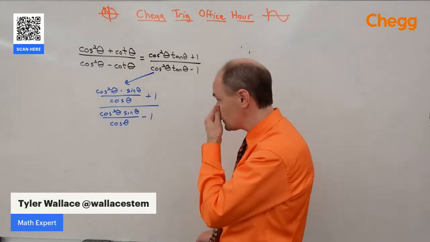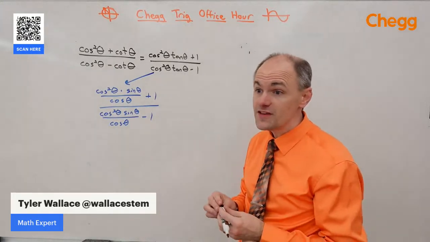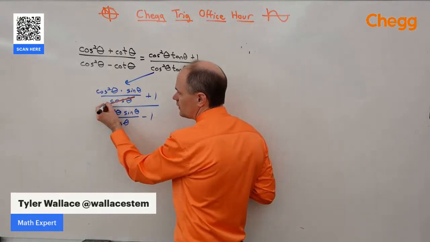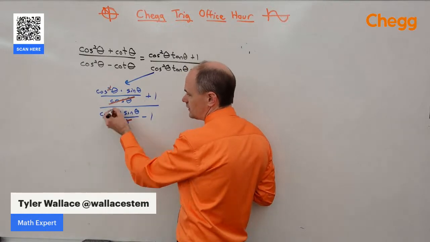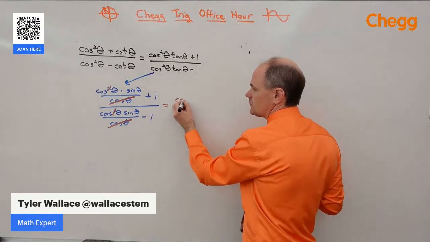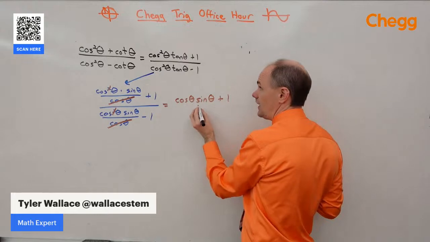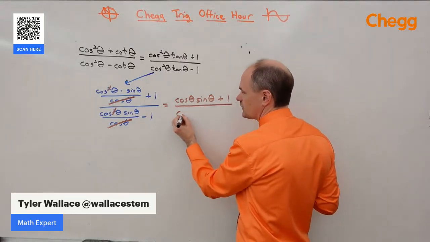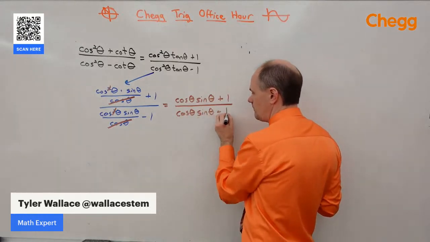This is really nice because normally we have to multiply to get things out of that denominator, but this one actually comes out really nice so that the cosine in the denominator reduces with one of the cosines in the numerator. And the cosine in the denominator is going to reduce with one of the cosines in the numerator. So now I have cosine theta sine theta plus 1 over cosine theta sine theta minus 1.